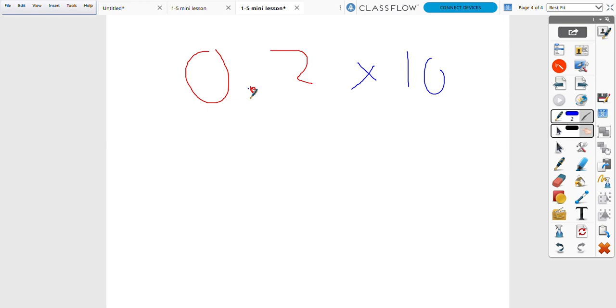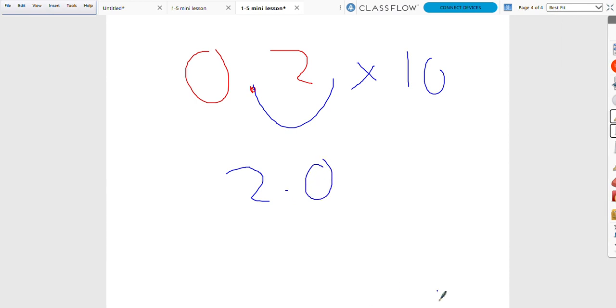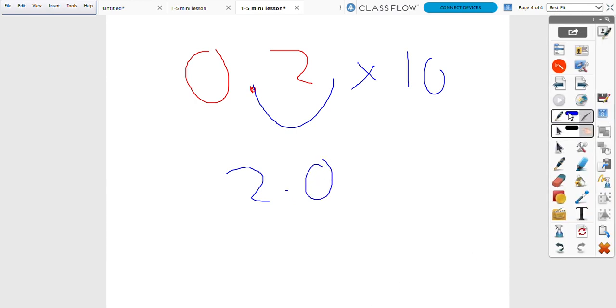If you had 2/10 and you are multiplying it by 10, that means you have 20/10. Really, 20/10 is saying that you would move this over 1, and you have 2 as your number now, 2.0. I cannot draw today, guys.